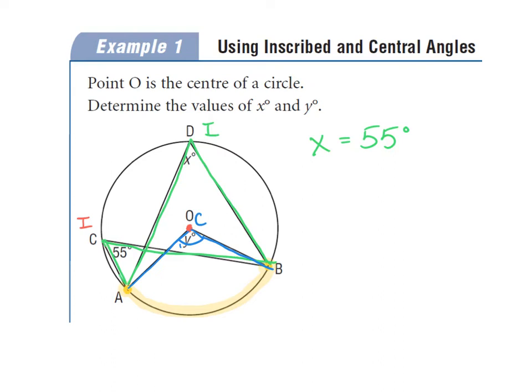So angle Y is a central angle. And remember, central angles are twice as big as inscribed angles, as long as they're subtended by the same arc. So to find angle Y, I need to take angle X, multiply it by 2, so 55 times 2 gives me 110 degrees.